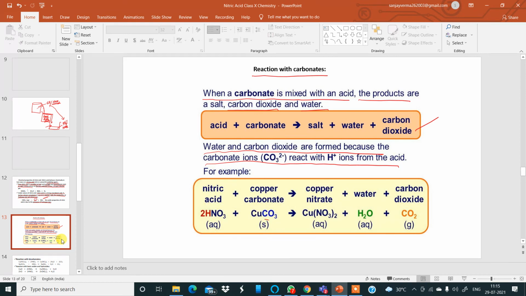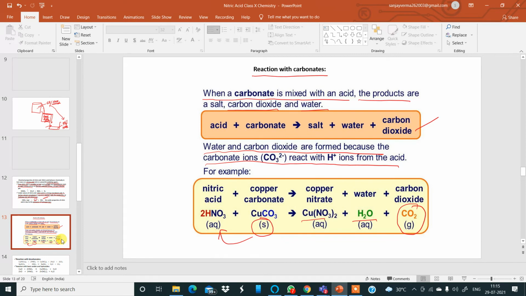If you take a bluish colored copper carbonate salt, which is available in the chemistry lab, basic copper carbonate, and react it with aqueous dilute nitric acid, the reaction happens vigorously and the products obtained are copper nitrate, water, and carbon dioxide gas is liberated.